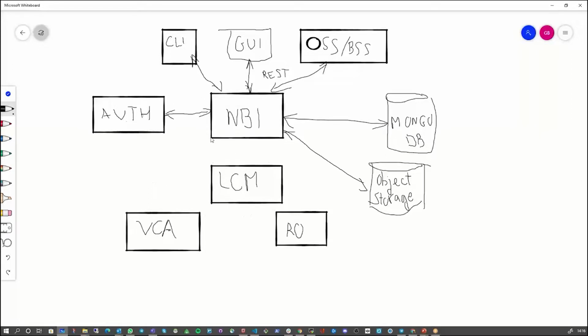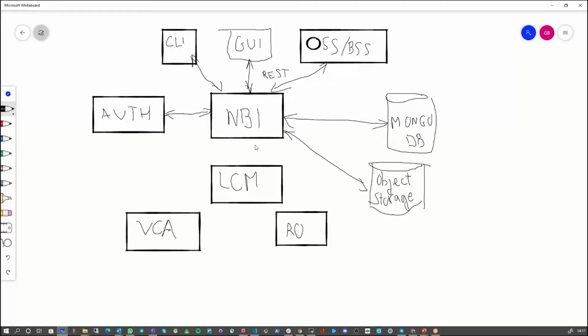As I mentioned before, whenever something is not related to any instantiation or any operation, and is just purely things that are pre-provisioned or onboarded, we are not dealing with LCM, VCA, and RO. But whenever there is an instantiation or an operation happening, then those modules start being used.